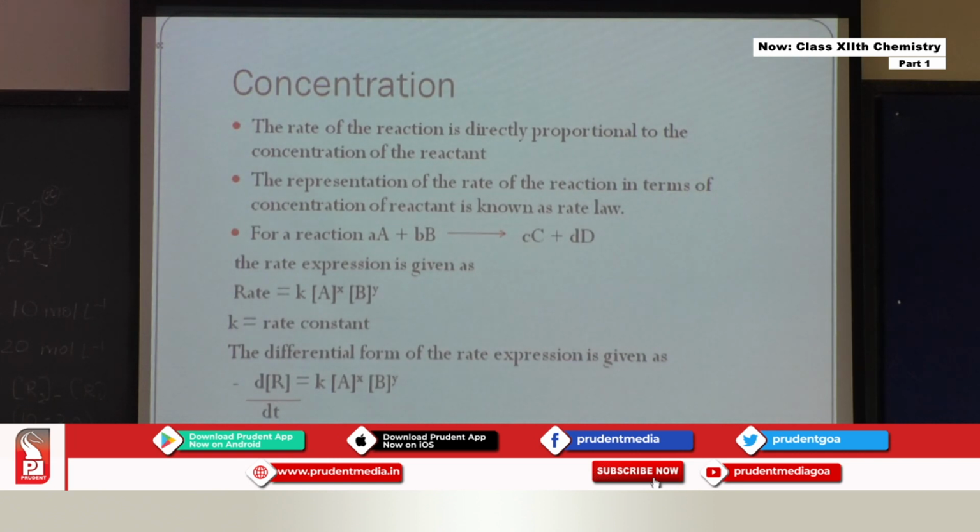In case of average rate, you would write it as negative delta R by delta T. So, I have just replaced the word rate here by the differential form, which is negative dR by dt, and I have kept this constant, that is k into A raised to x and B raised to y. So, this equation when you write down is known as the differential form of the rate expression, and this is just the rate law expression.